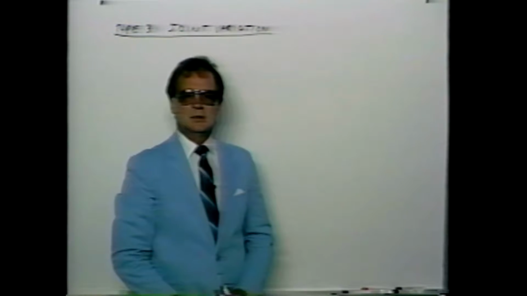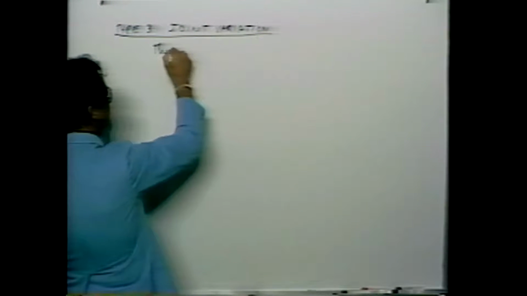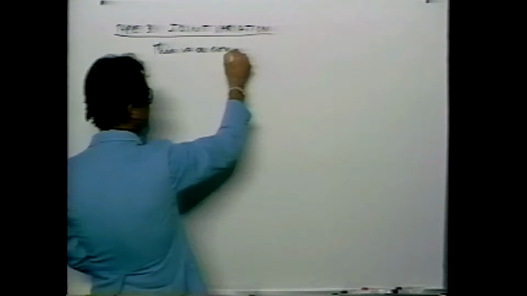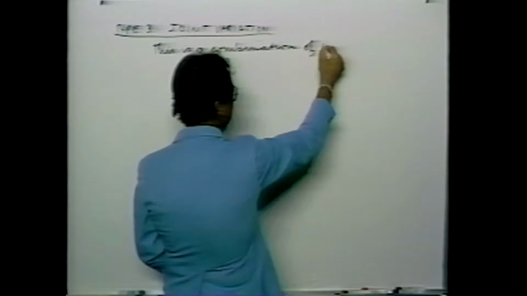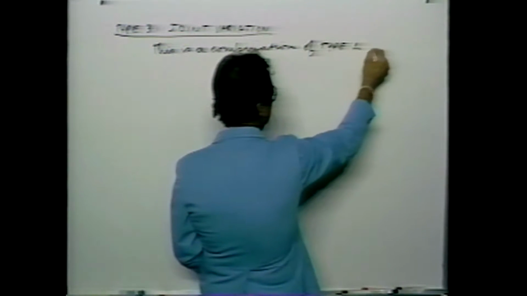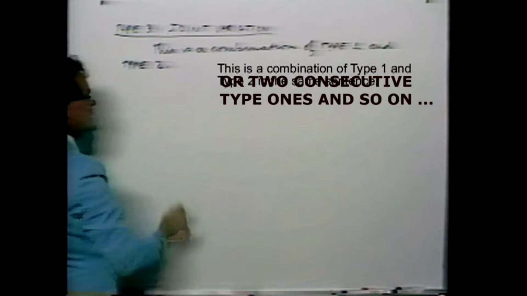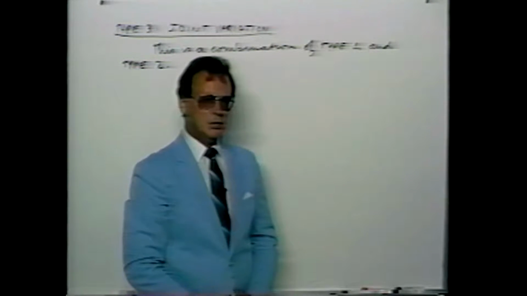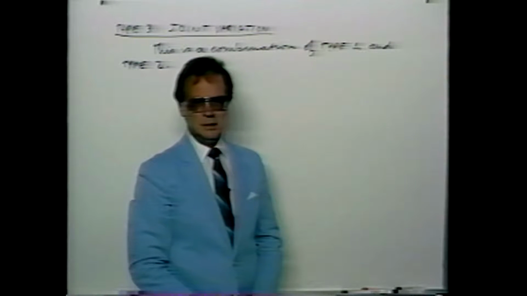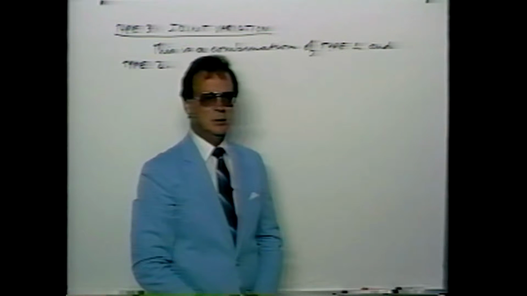This is a combination of type 1 and type 2. In other words, some physical law involves a variation inversely of a certain variable and directly of another variable.